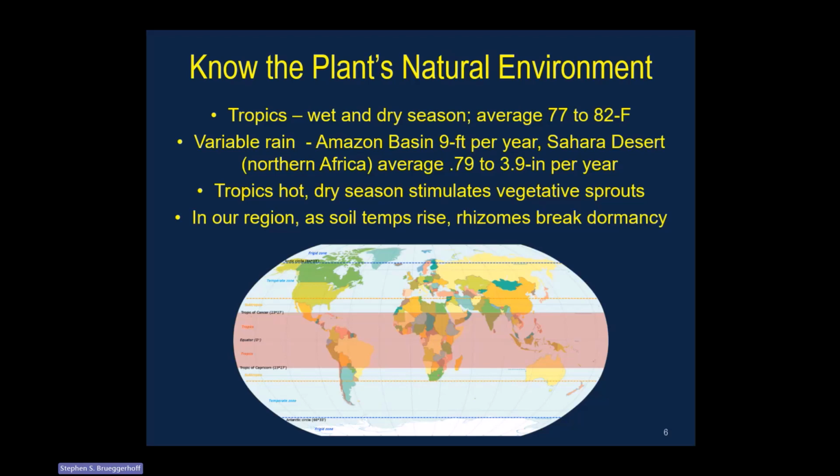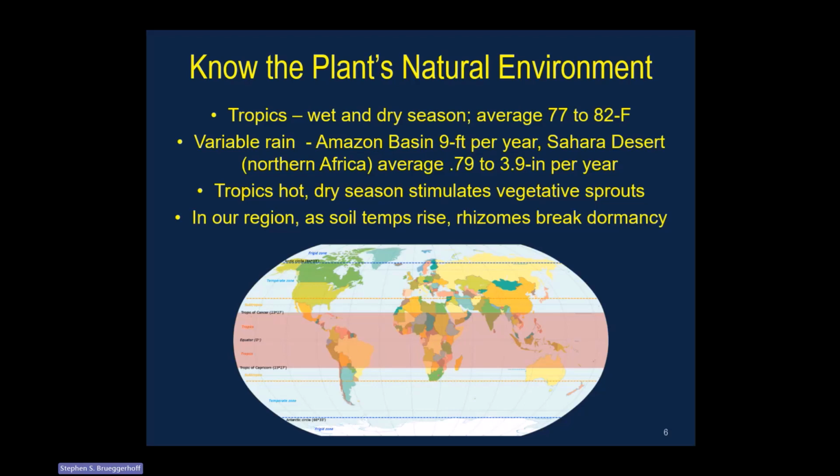I visited Costa Rica one year. I had the pleasure of going down to Costa Rica, and it was explained to me they have a wet and a dry season. They do not have a spring and fall and winter time. Average temperatures in the tropics can go anywhere from 77 degrees to 82 degrees Fahrenheit. There are variable rain events.